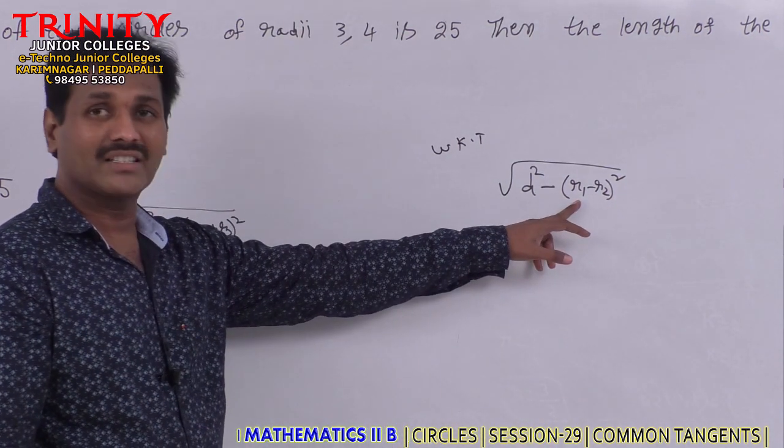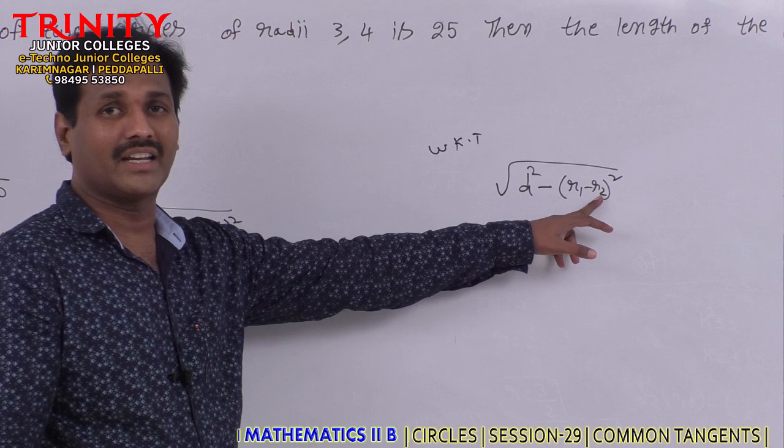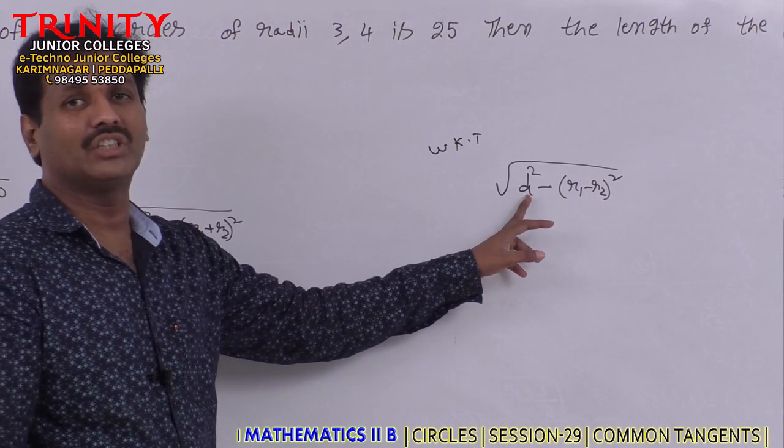R1 is the radius of the first circle, R2 is the radius of the second circle, and d is the distance between the two centers.